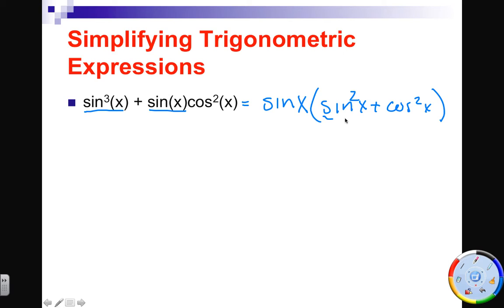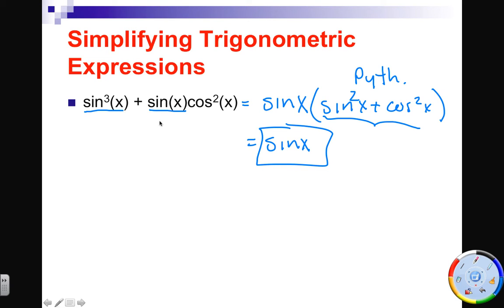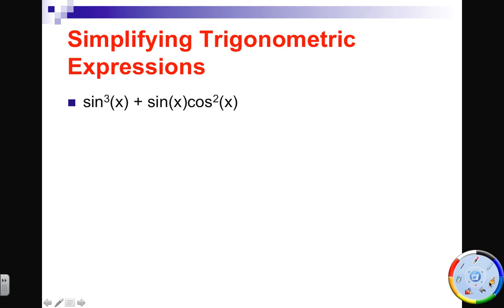Well, I know this thing using my Pythagorean identity. Sine squared plus cosine squared is 1, which means I get sine x times 1, which, well, oh, that's it. That means this big, ugly statement, well, ugly to you, okay, is just equal to sine of x. And that's a simplification process using our identities.